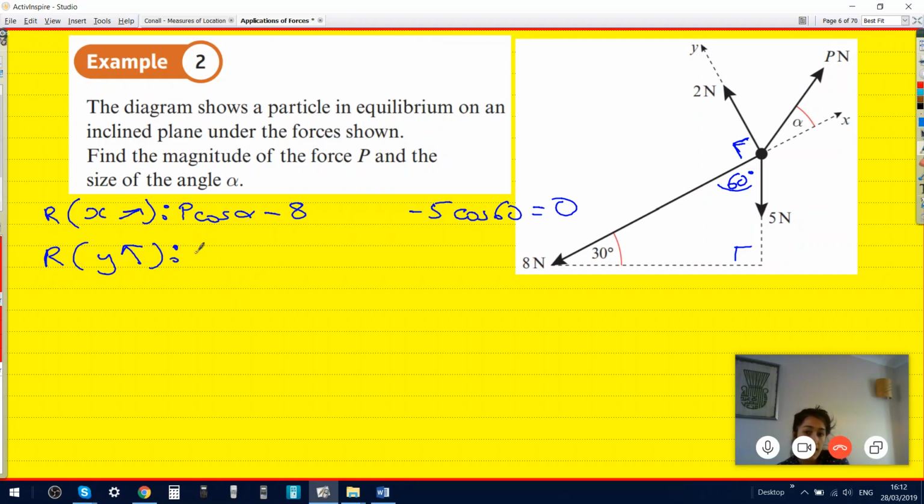P sine A plus 2 minus 5 sine 60 equals 0. So P sine A equals 2 plus 5 sine 60.